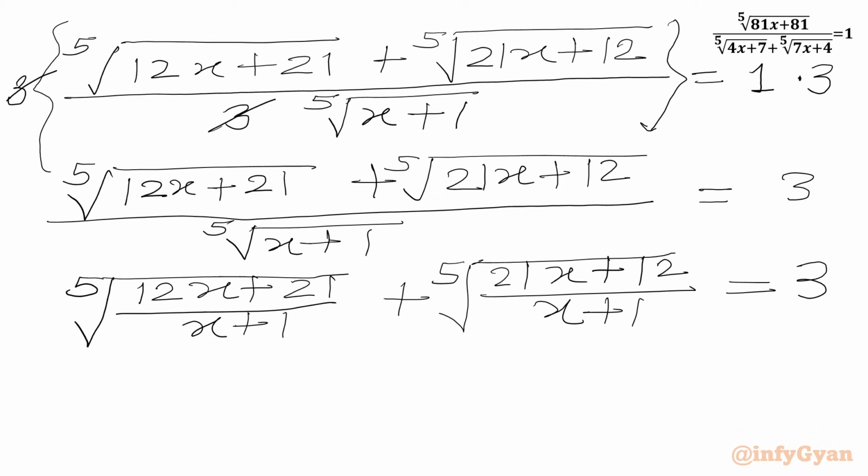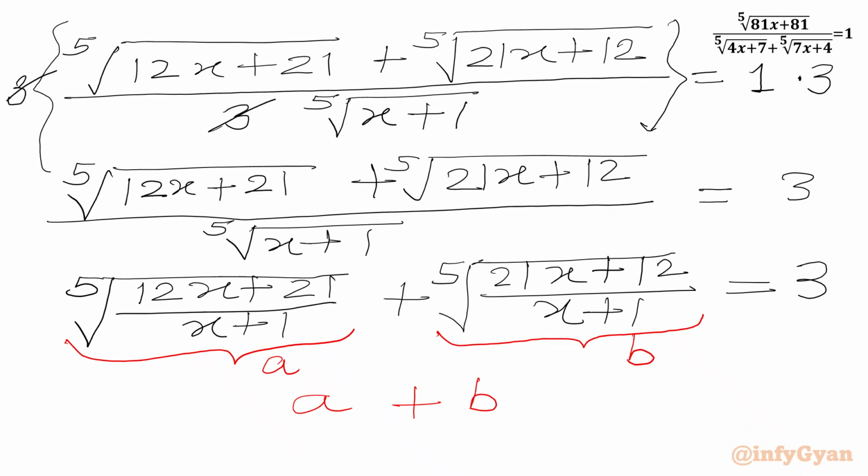Now we are going to use substitutions. Let us say first fifth root equal to a and second fifth root equal to b. So our first equation would be a plus b equal to 3. Let's say this is equation number 1. Now we are going to consider power 5 both sides with our substitutions.